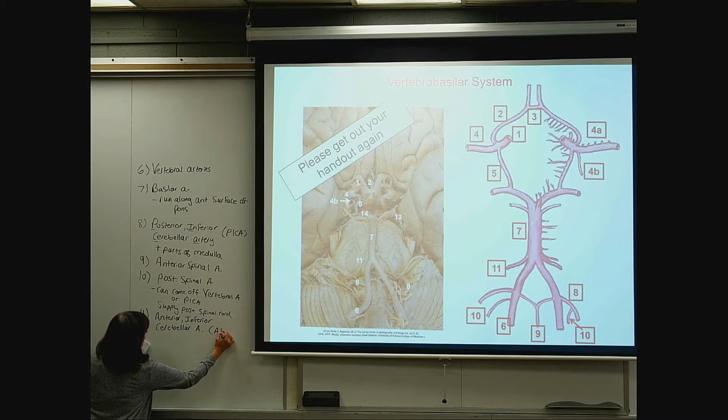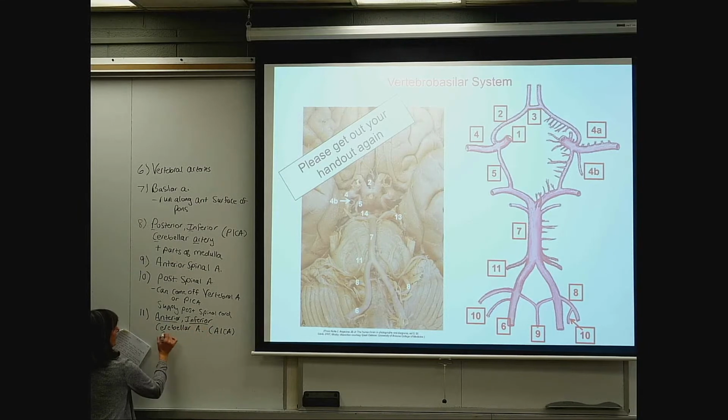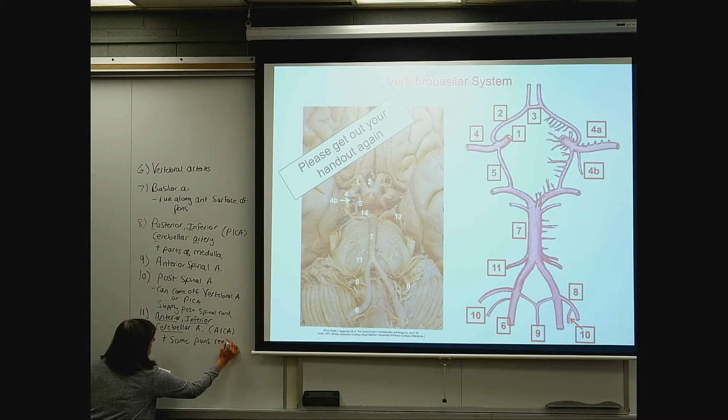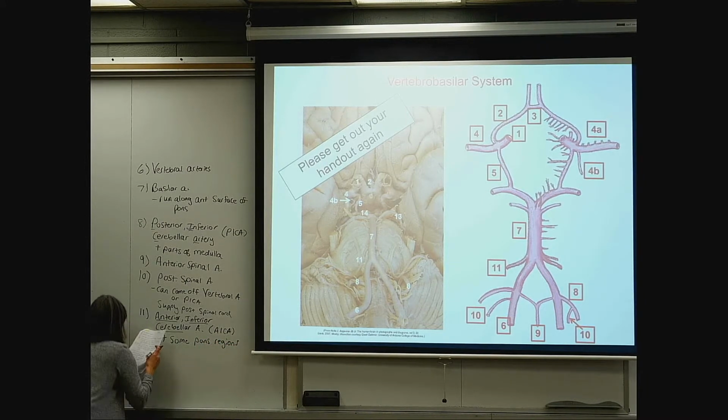Sometimes abbreviated as ICA, and that's going to supply the anterior inferior cerebellum, and also some regions of the pons. So that's that.